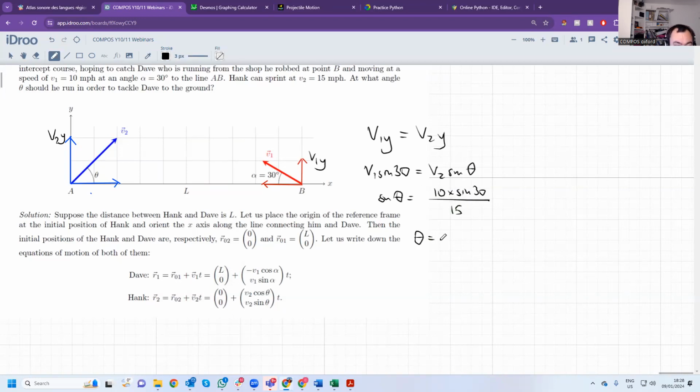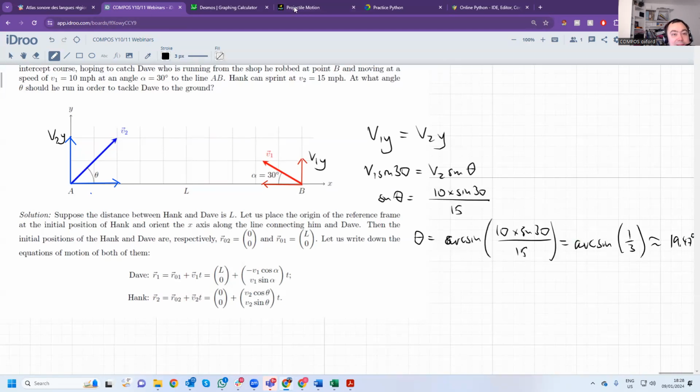So theta is arc sine of 10 times sine 30 divided by 15, which is arc sine 1/3, approximately 19.47 degrees.